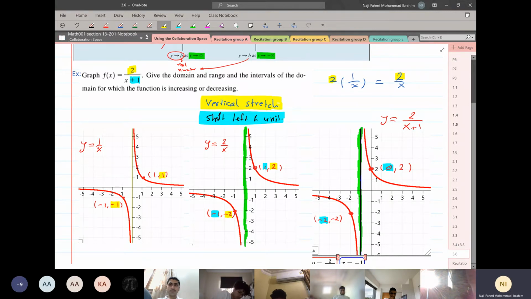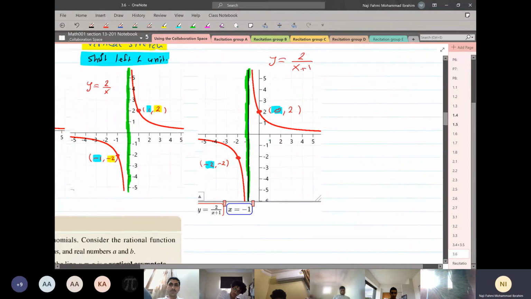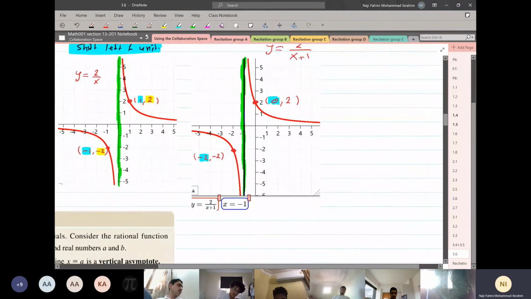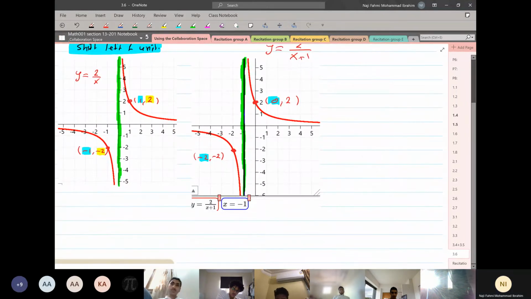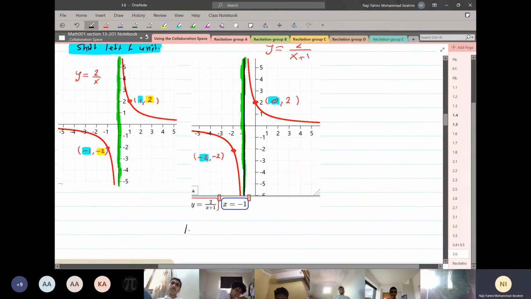Okay. For this last graph, Shabab, what's the domain? All real numbers except -1. And what's the range?